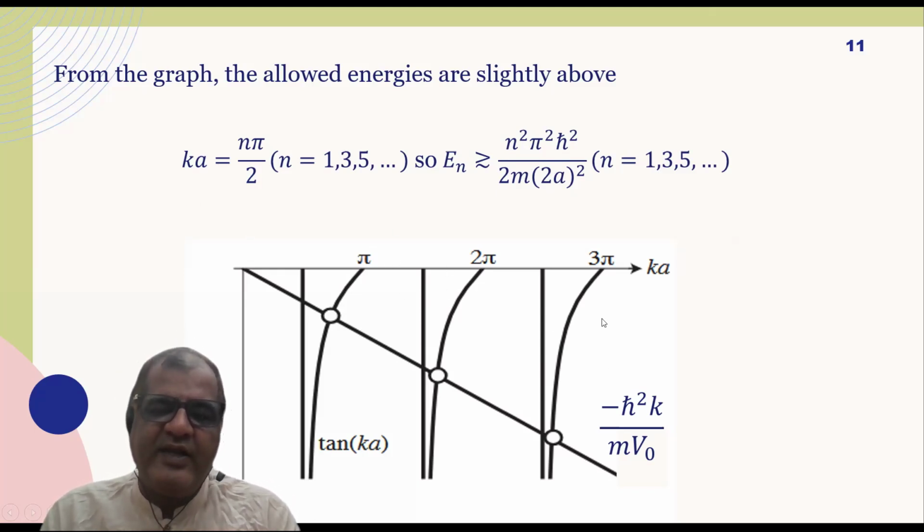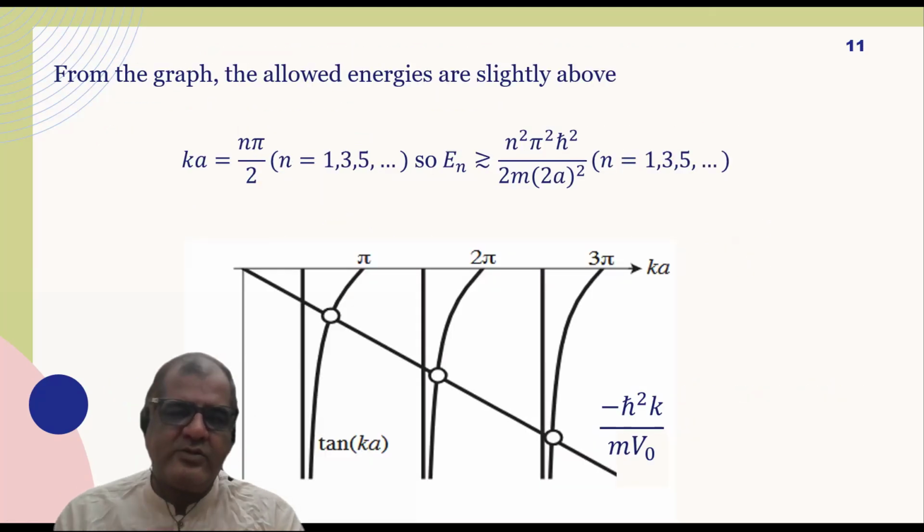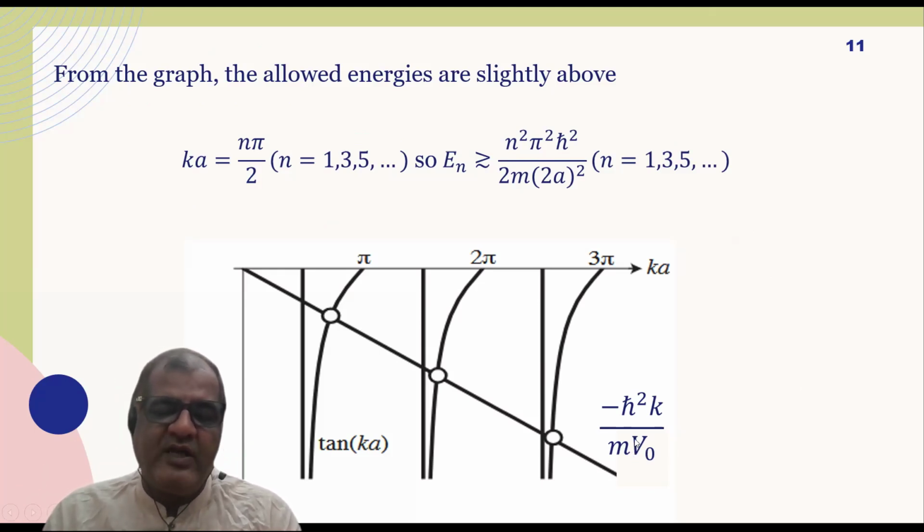Now this is my equation, so I'm plotting minus ħ²k/(mV0) with tan(ka). Now if I take V0 to 0, this becomes infinite, and this line becomes steeper and steeper.